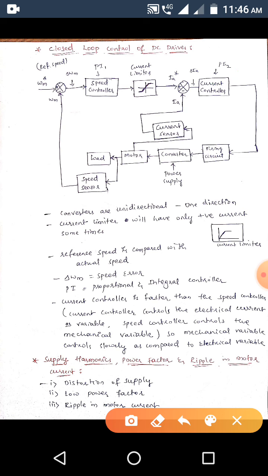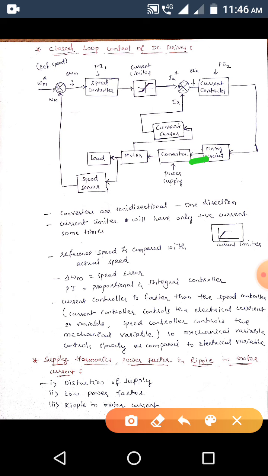PI1 and PI2 we call proportional and integral controllers. The current is controlled by the PI controller, then that is fed to the firing circuit, which sets the firing angle of the drive, and that is fed to the converter.